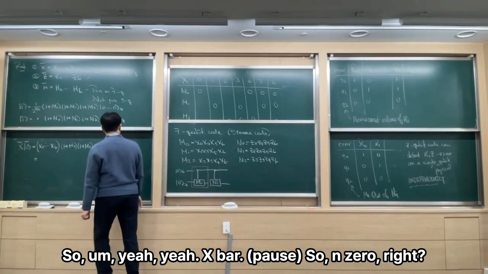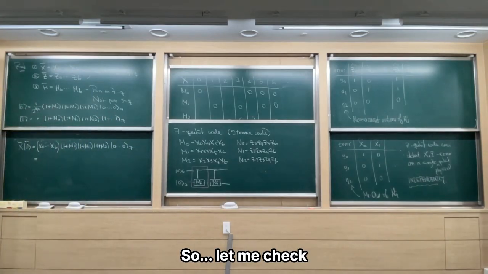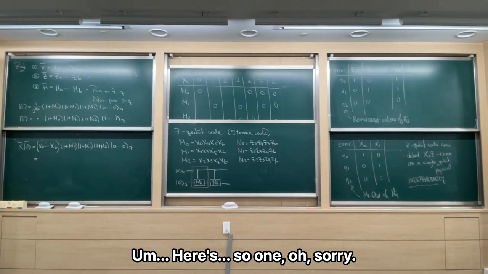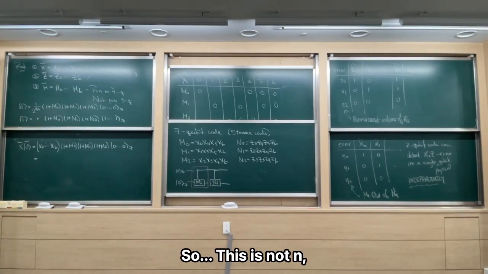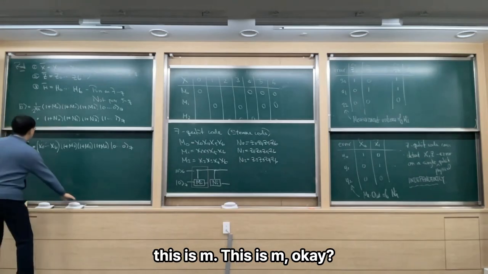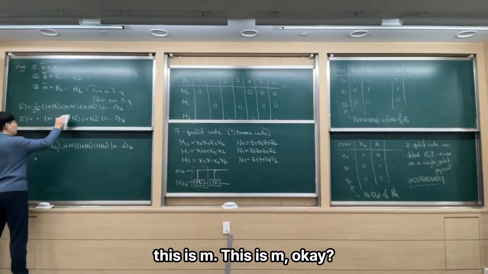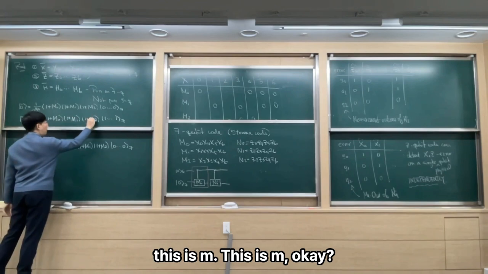It's M0, right? So let me check if I made any mistake here. So 7-qubit code. Here's so 1. Oh, sorry. So this is not N. This is M. Okay.